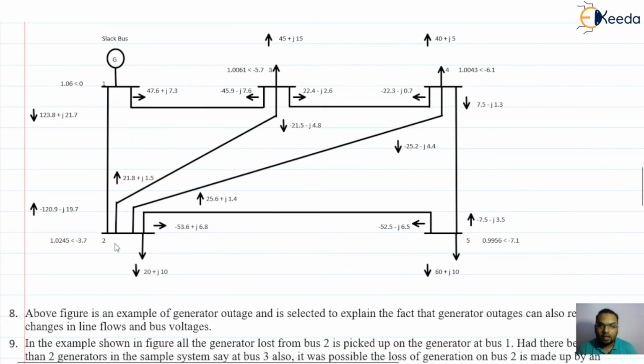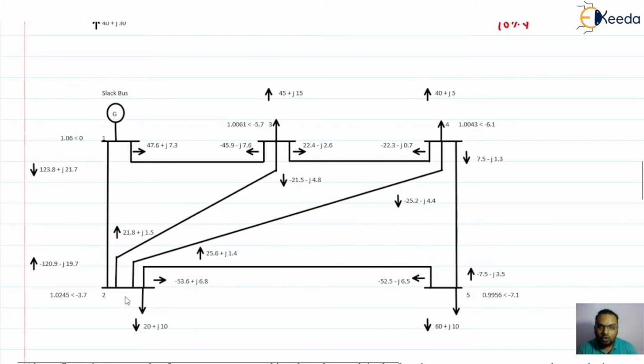See, the generator at bus 2 has now failed, so all the load from generator 2 is now shifted to the generator connected at the slack bus. Accordingly we can check the loading. If you check here, the loading on the line between bus 1 and 3 has changed.